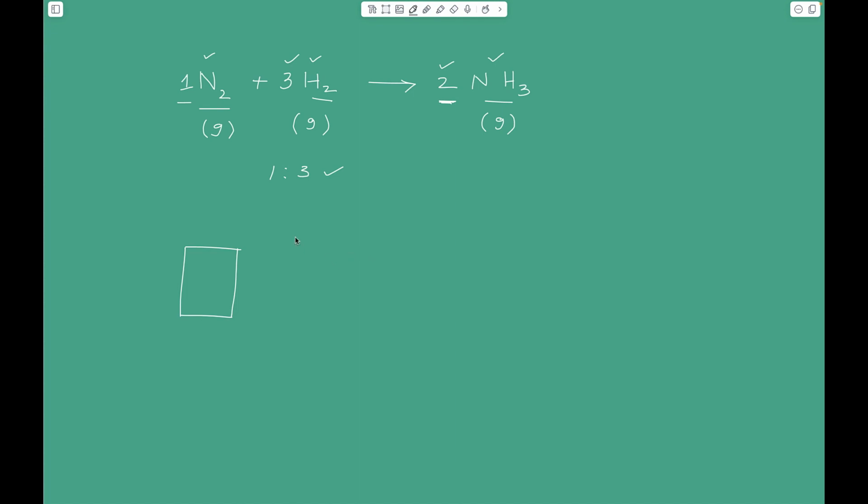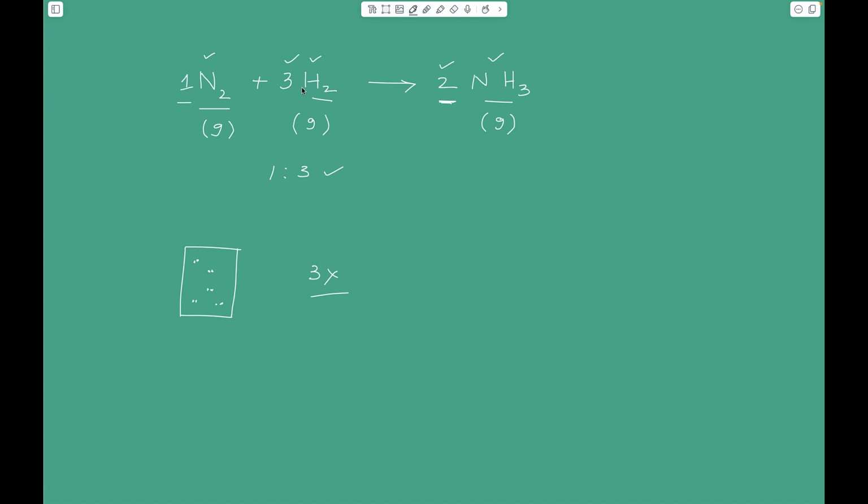So to be able to do that, first you have to count the number of nitrogen molecules present in this cylinder, right? Then take 3 times as many hydrogen molecules, then you are good. But the problem here is, how do you count the number of nitrogen molecules present in this container? Molecules are extremely tiny particles. Can you do that? No, it doesn't make sense.